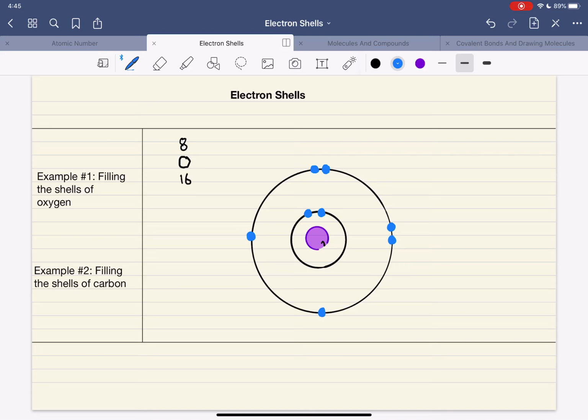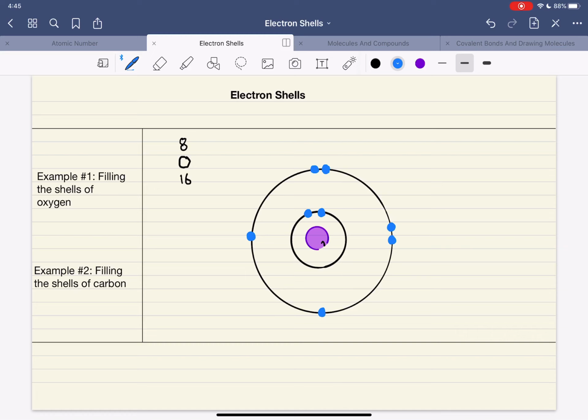Now this is really important. The reason that atoms come together and join together to form molecules held together by bonds is because atoms want full shells. They want their shells full of electrons. So whatever the outermost shell of that element is, in this case for oxygen, it's the second shell.